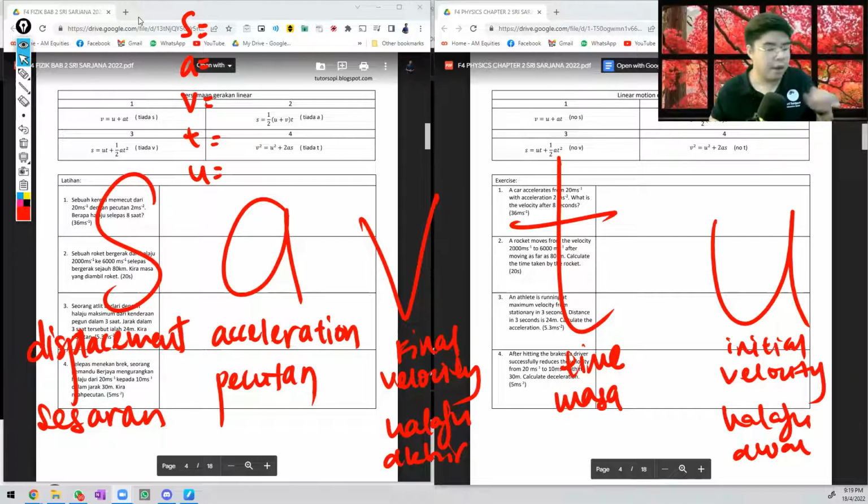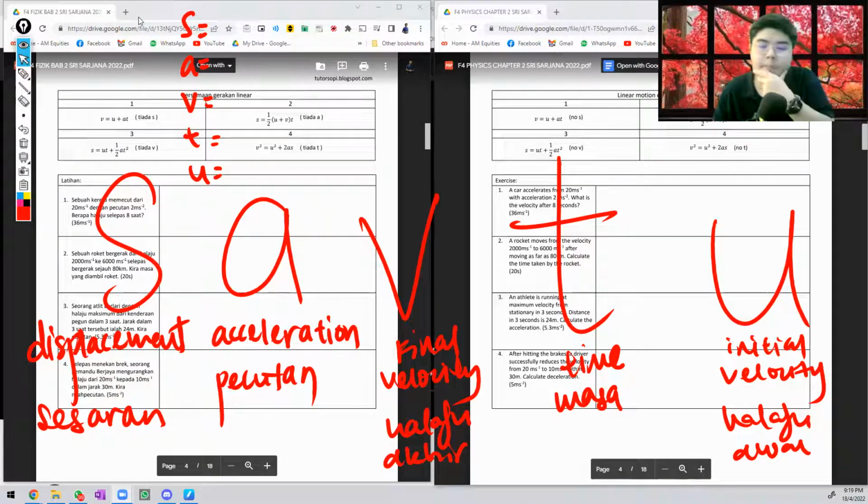Okay, SUVAT. Right. Now, after this, let's look at the 4 equations of motion. Now, you'll be asking, "Teacher, why is it that you have 4 equations when you are supposed to make things simple? Isn't it a physicist's job to make things simple?" Yes, you are right. And this is the bare minimum already.